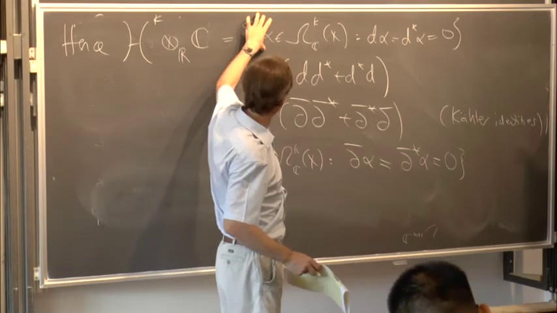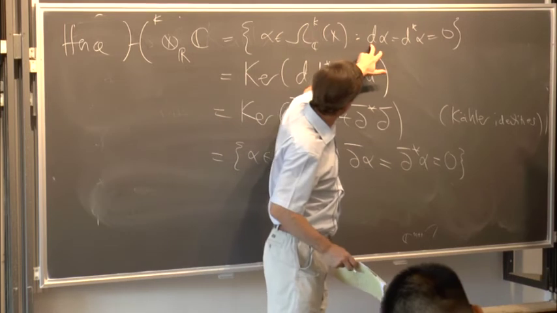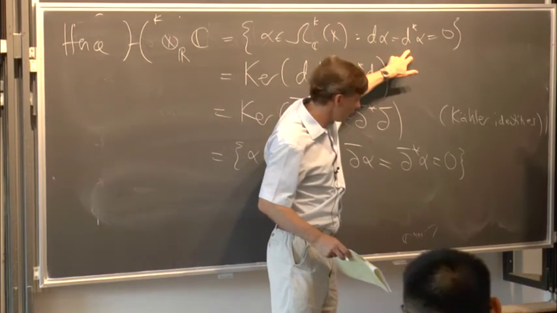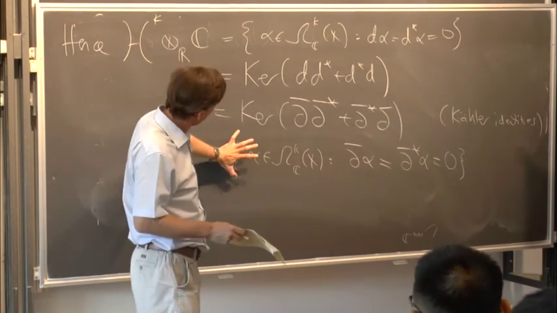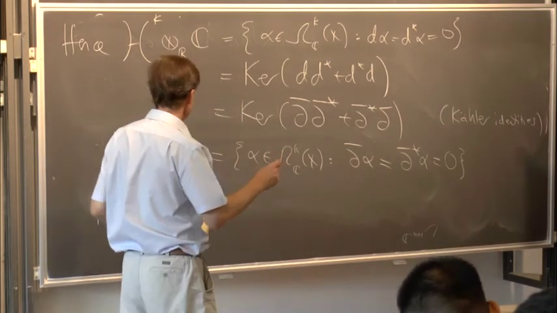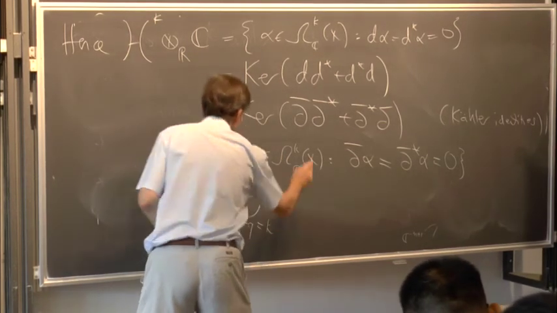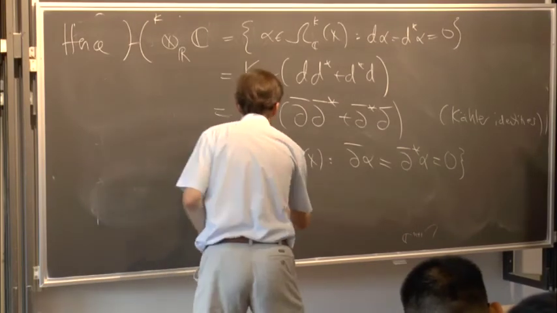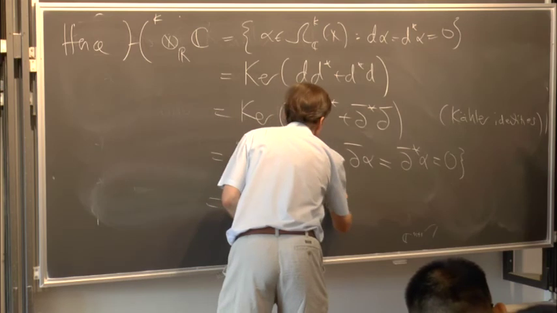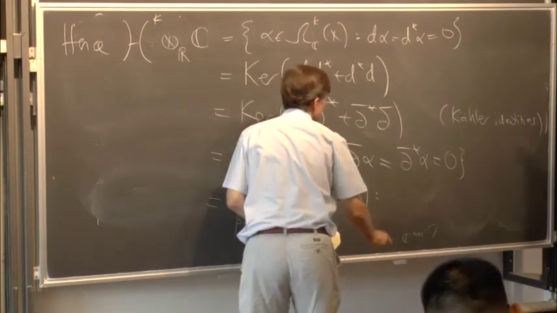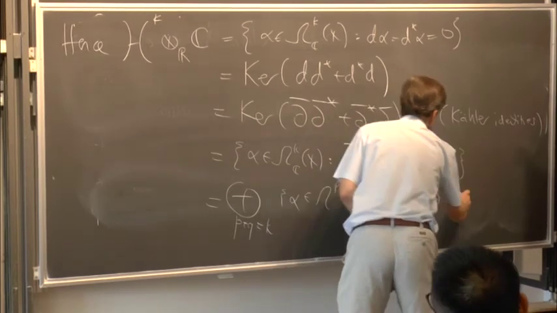In this line, it's not clear that the kernel should be a direct sum of pieces of (p,q) forms, because the d and d star equations here mix the different (p,q) components. But for this one, the (p,q) components are treated separately. So this is now the direct sum over p plus q is k of the set of alphas in the (p,q) forms on X such that d bar alpha and d bar star alpha are 0.